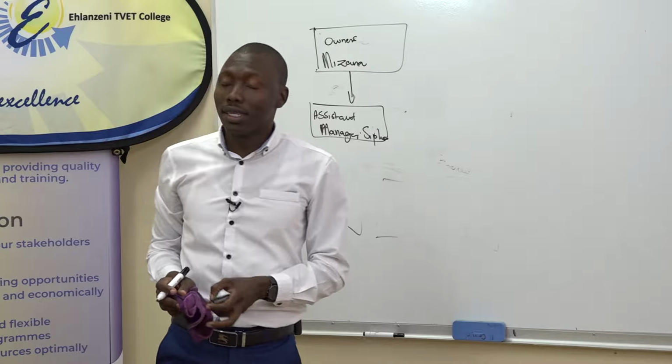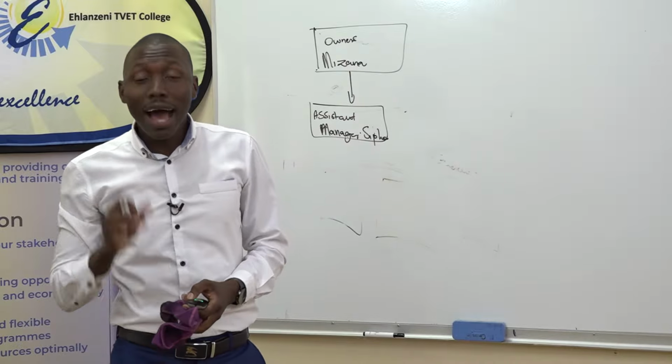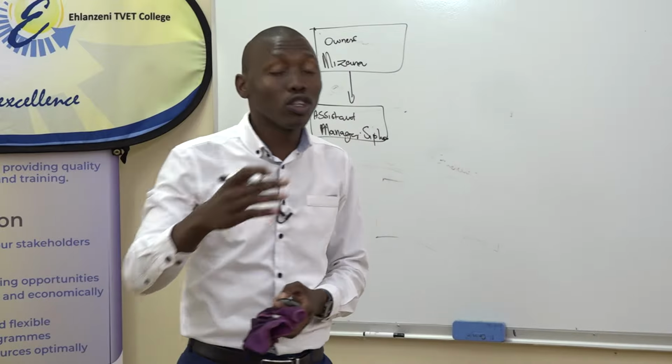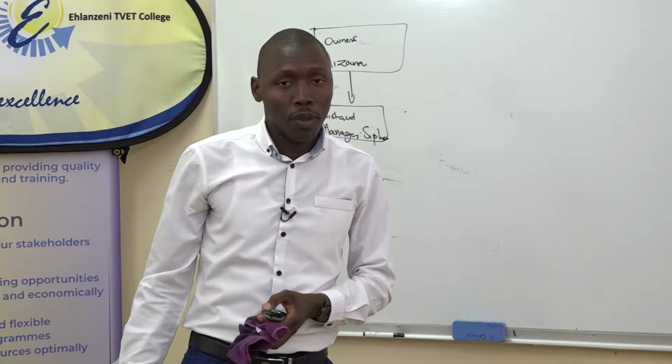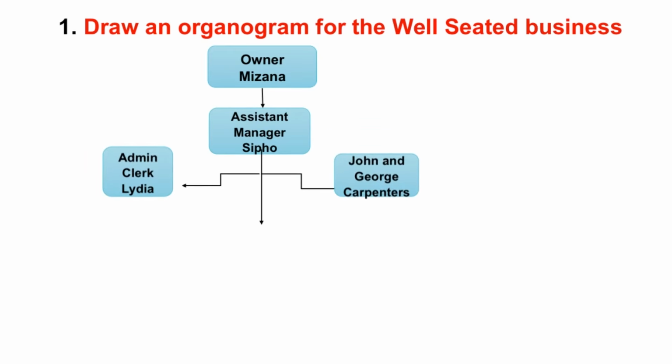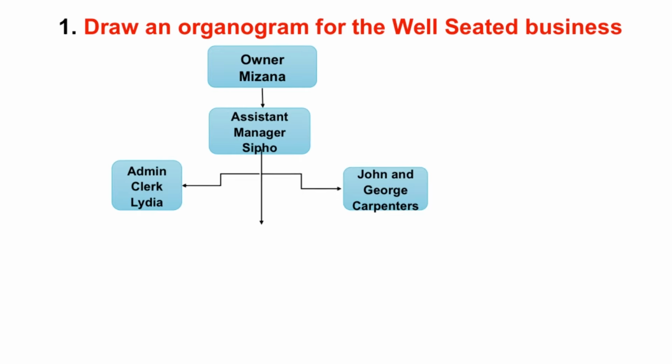Under the assistant manager, there are 3 people who report to Sipho, who are the admin as well as the carpenters.